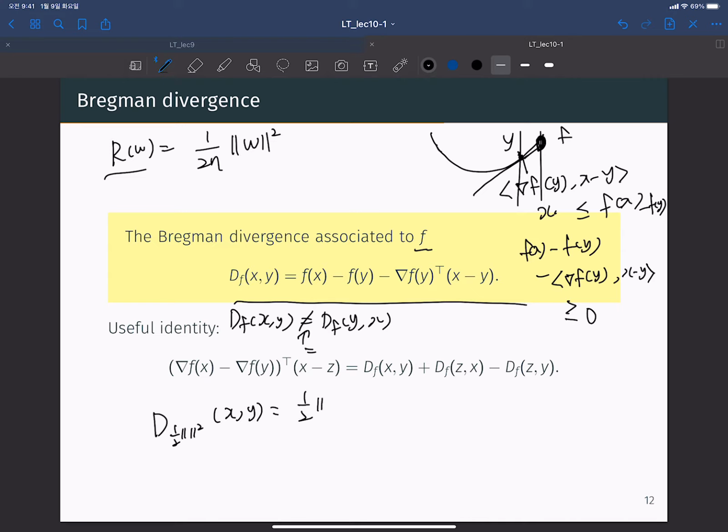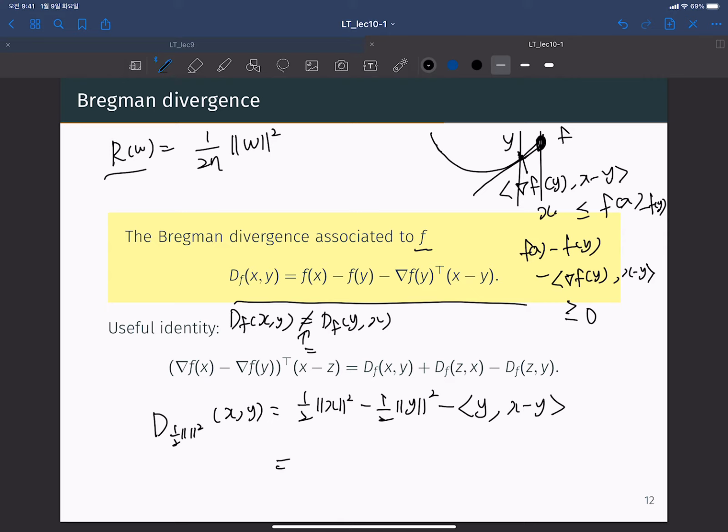It is 1 over 2 norm x squared minus 1 over 2 norm y squared minus the inner product of the gradient, which is just y, with x minus y.